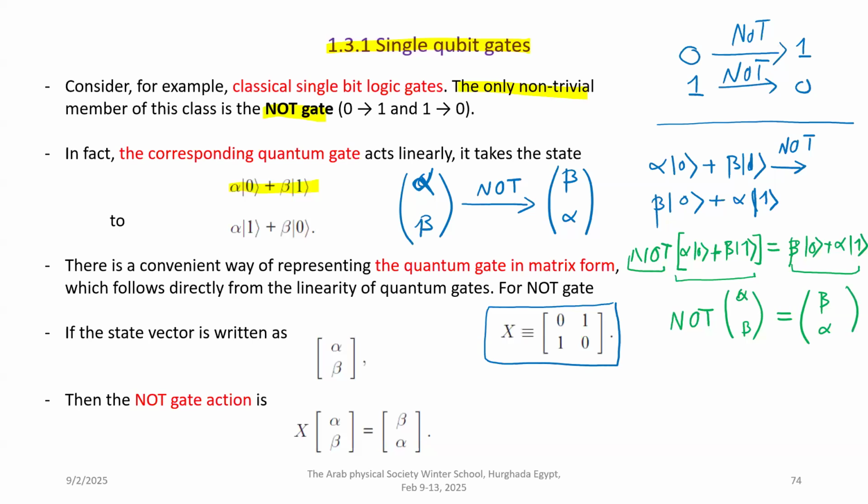Now, the good news is, since I'm representing the qubits as columns, I can represent the gate itself as a matrix. And since the column has a dimension of 2 times 1, this has to be a 2 by 2 matrix, okay?